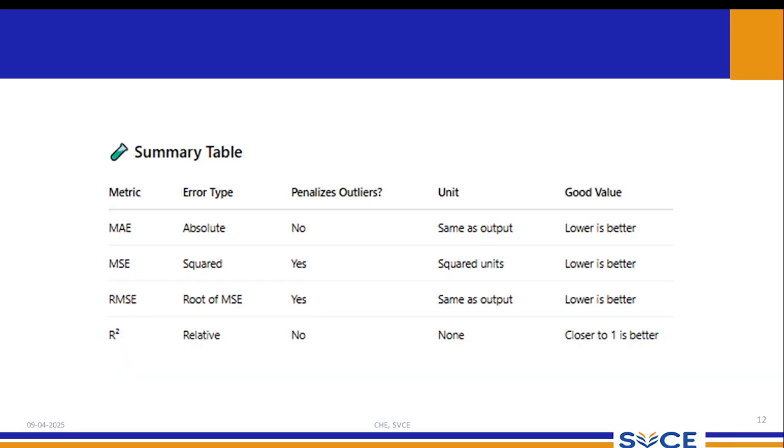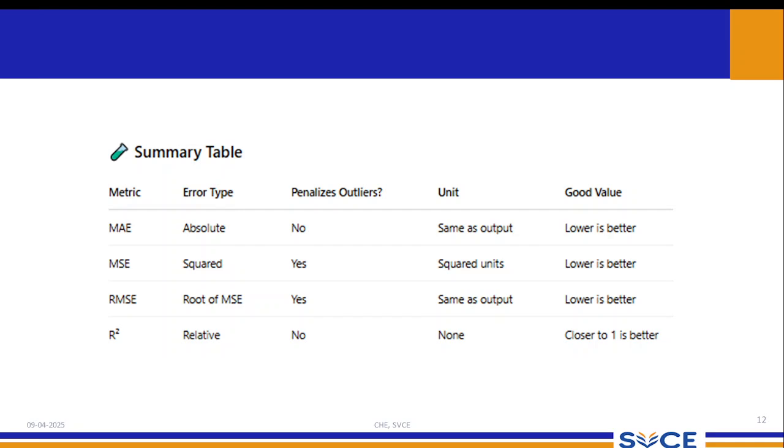So in a nutshell, consider mean absolute error, mean square error, root mean square error, and coefficient of determination: the error type, and whether it penalizes the outliers, that means the deviation from the maximum amount of data. Which ones penalize the outliers? Only two: root mean square error and mean square error.